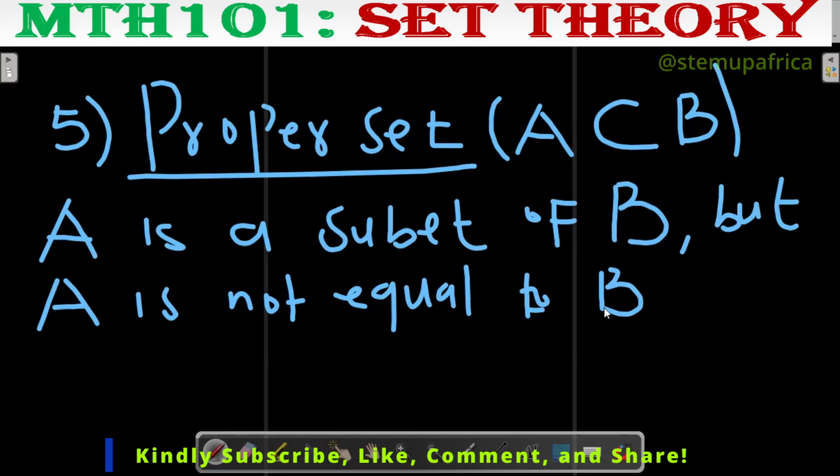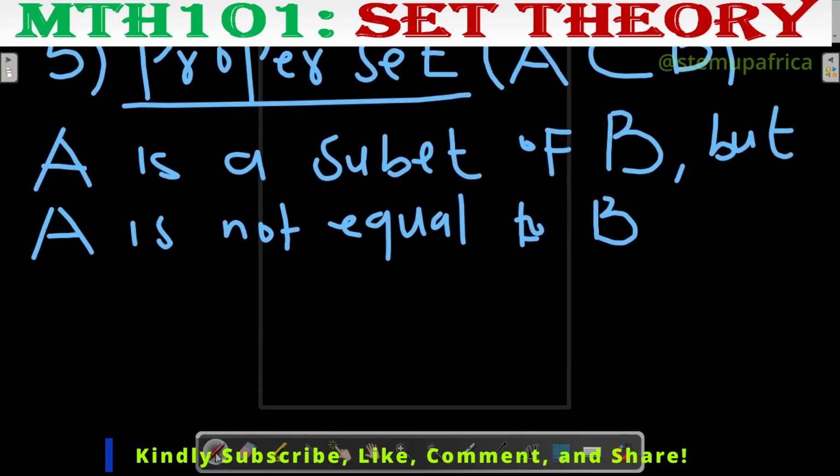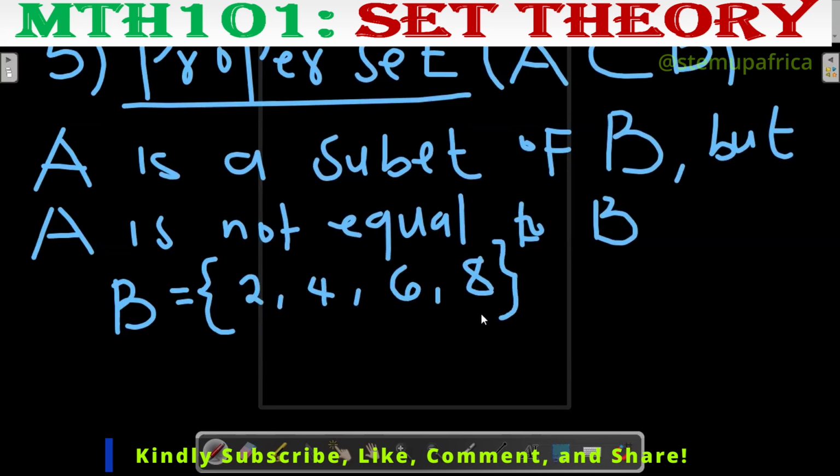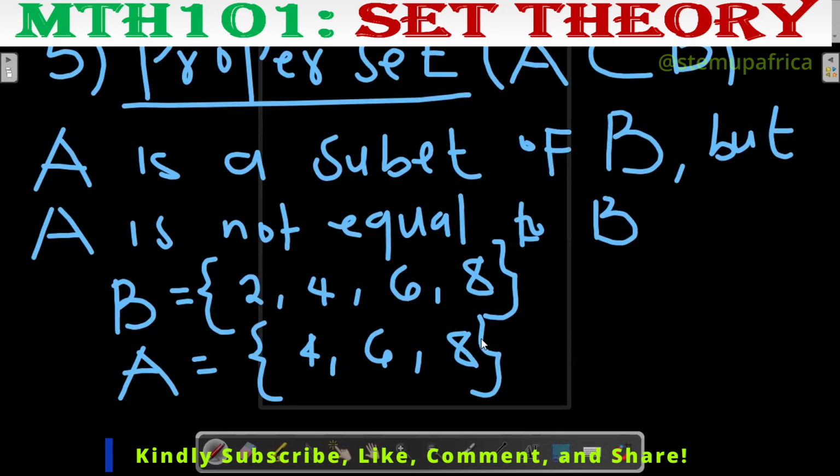A typical example is this. Let's assume we have B as 2, 4, 6, 8, and we have A as 4, 6, and 8. Are you seeing it?